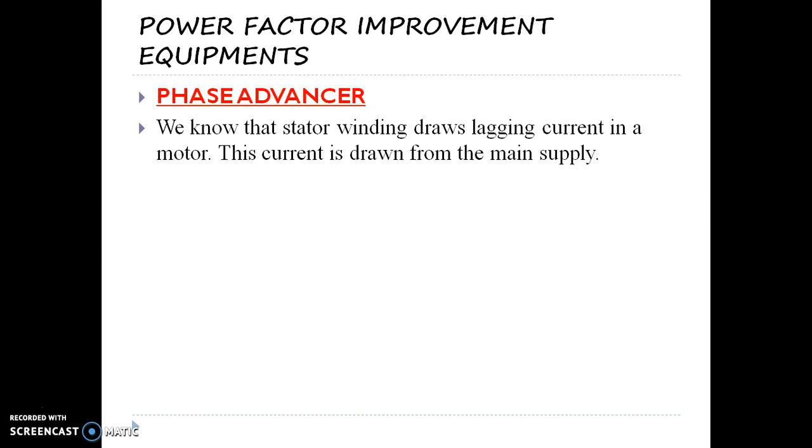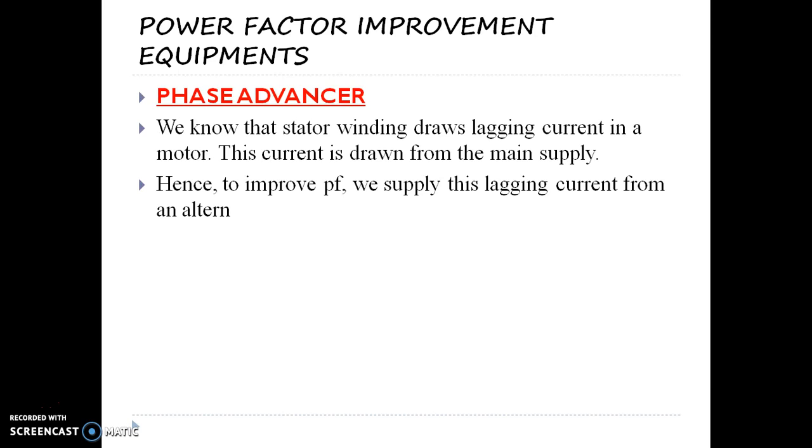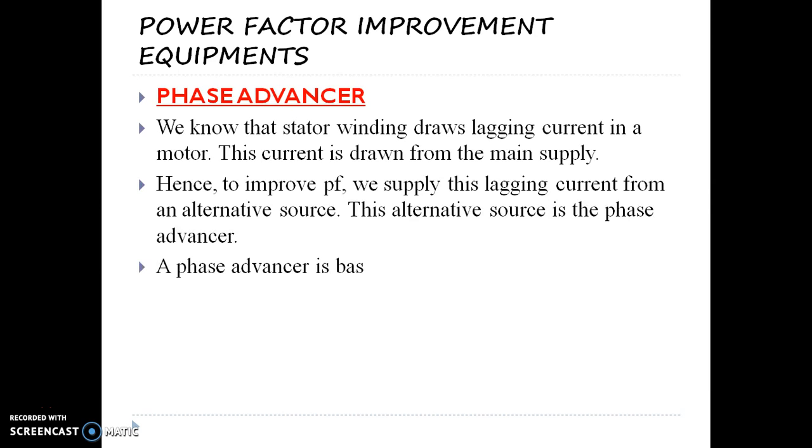Hence, in order to improve the power factor, the lagging current drawn by the stator winding of the induction motor is supplied from another source. That is supplied from another device. That device is called a phase advancer. This phase advancer is generally located at the stator of the induction motor.